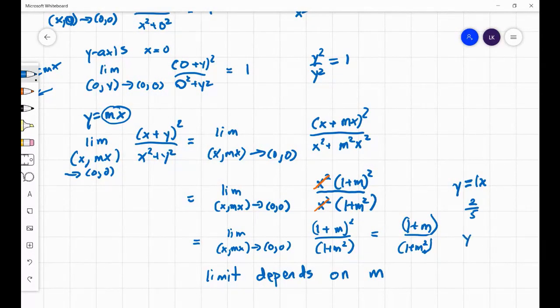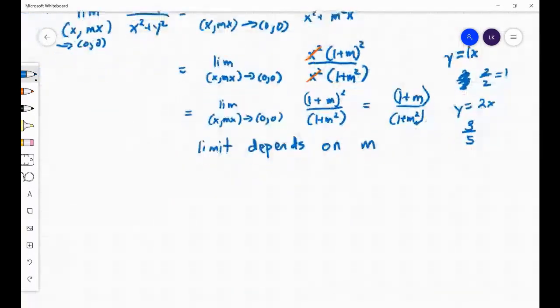But if we instead chose the line y equals 2x, m would be 2, so the limit would be 3 over 5. So we get different limits, and the limit doesn't exist.